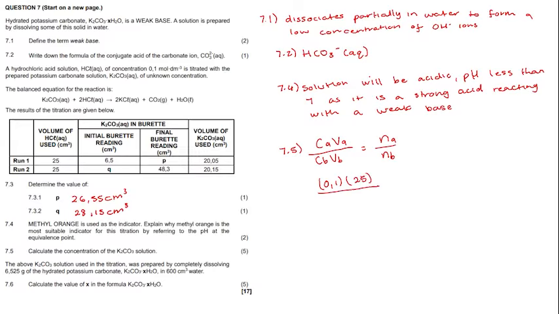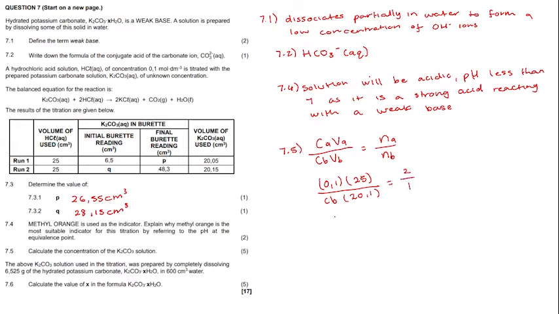The concentration of B, which is the unknown, times the volume, and to get the volume, we would add these two together and get the average between them, which would be 20.1, is equal to the moles of A, which is 2, over the moles of B, which is 1.